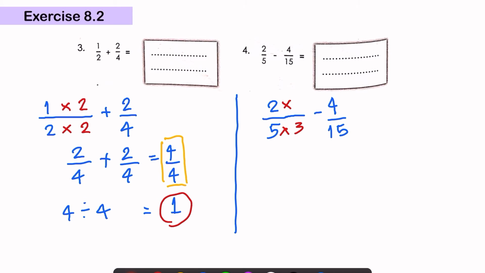And if I multiply 5 by 3, I need to multiply 2 by the same number. Can you see? So from 2 over 5, we get 6 over 15 minus 4 over 15. And now you can find the answer. So the answer is 2 over 15.